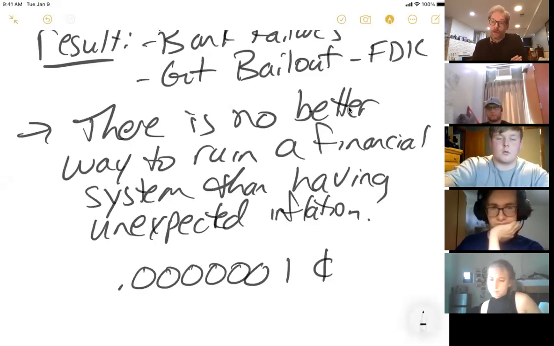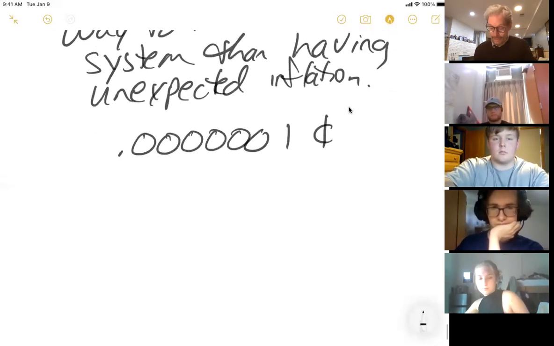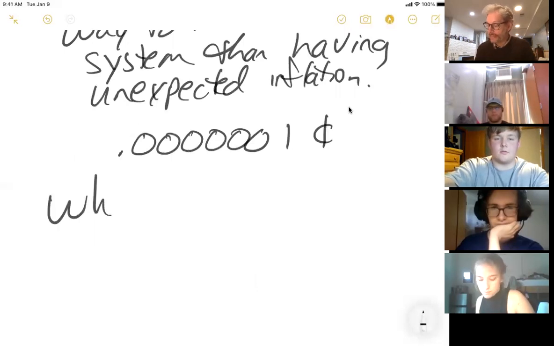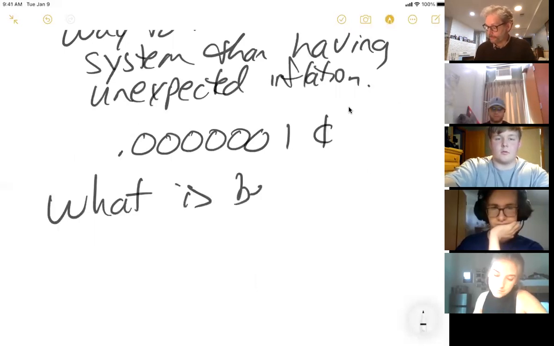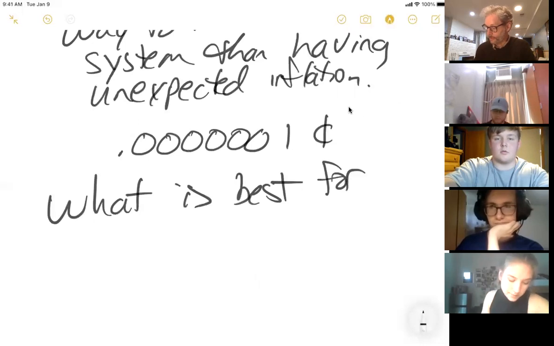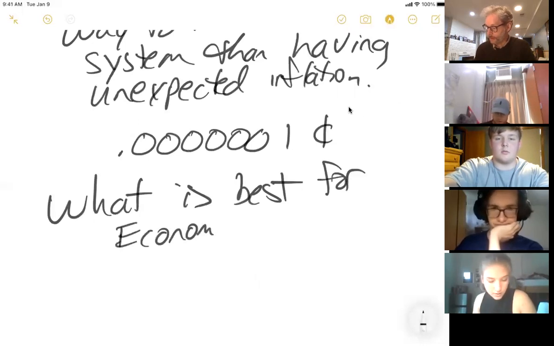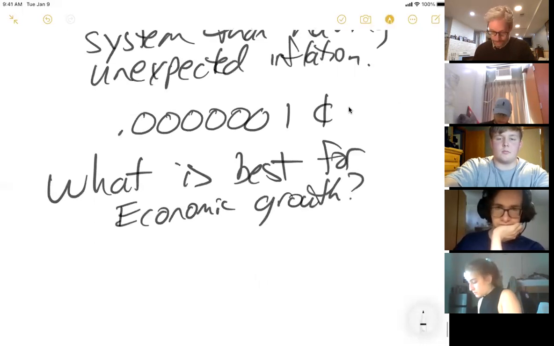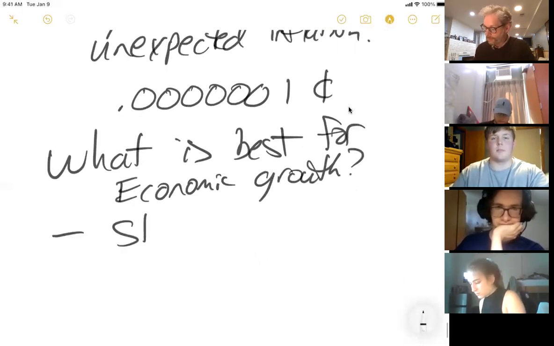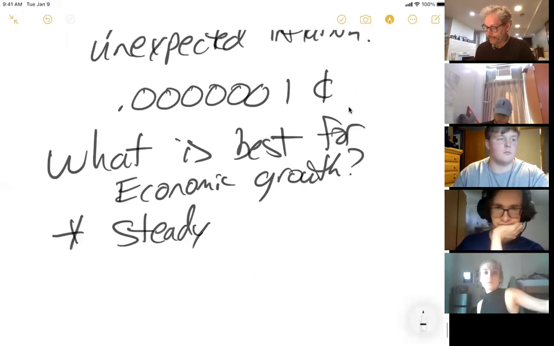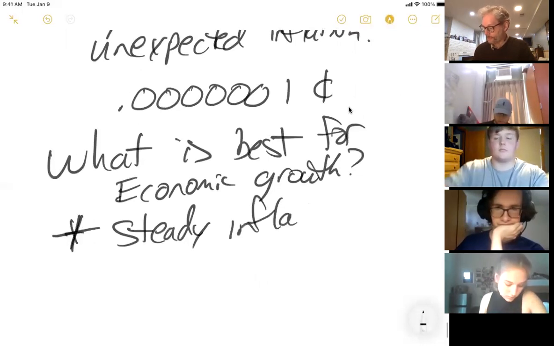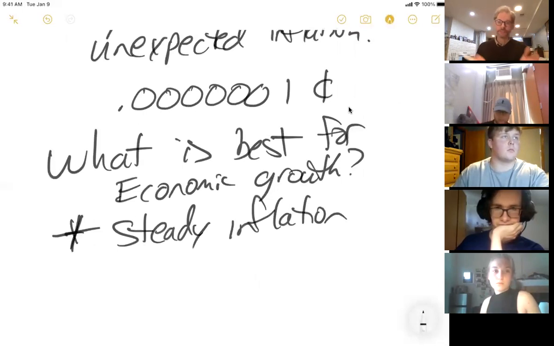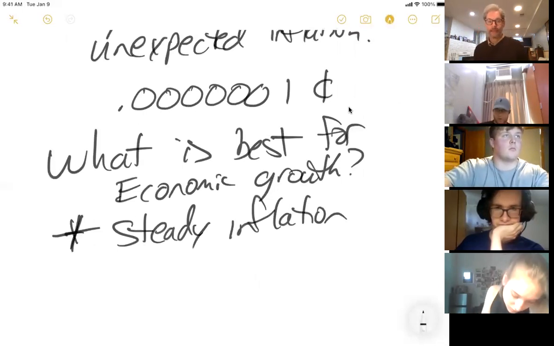But I guess the main takeaway that I'd like to give you is, what is best for economic growth? When we think about inflation, what is best for economic growth? The most important thing is steady inflation. That is the most important thing. Inflation can be 2%, 3%, 4%.